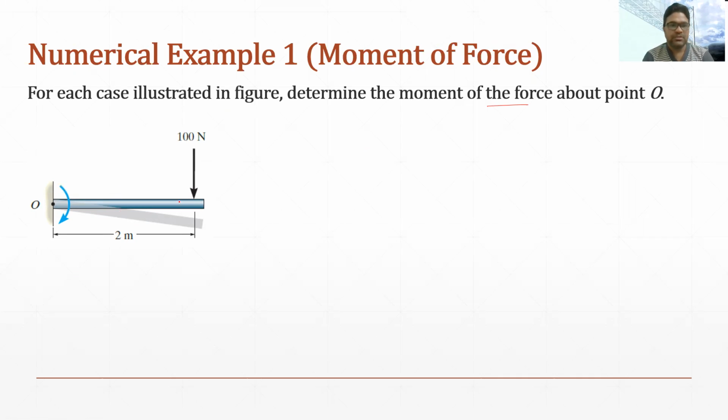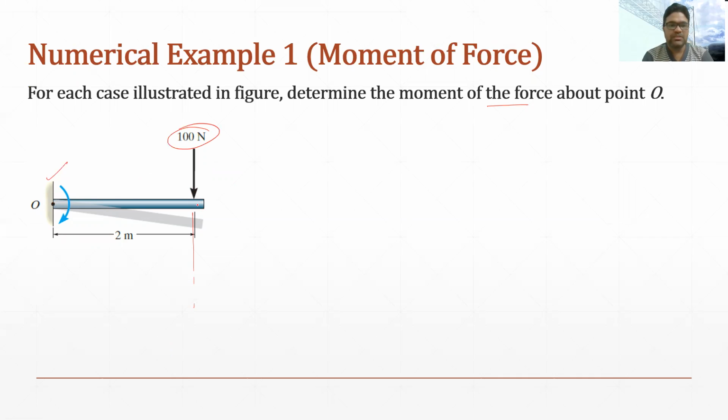In case one, you can see there is a rod connected to point O, and there is a force acting on the free end. The line of action of this force is like this, and this force will try to rotate the rod about point O. We are supposed to find the magnitude of the moment about point O because of this force.